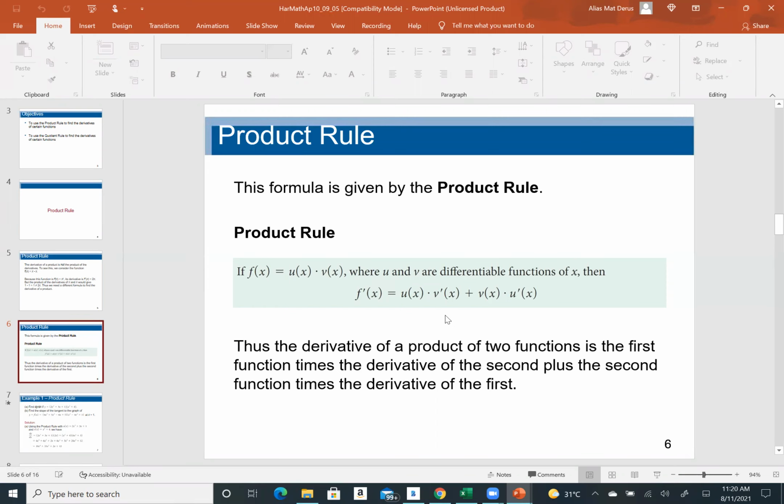Okay, so what does the rule say? What is f prime? You have u multiplied by v prime plus, what is the second term here? v multiplied by u prime.